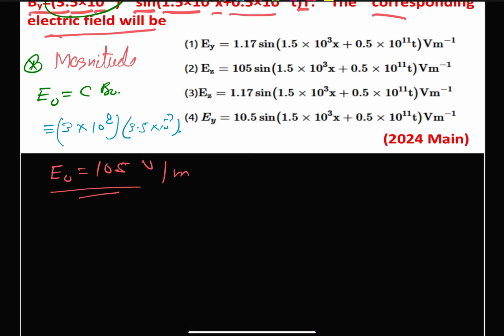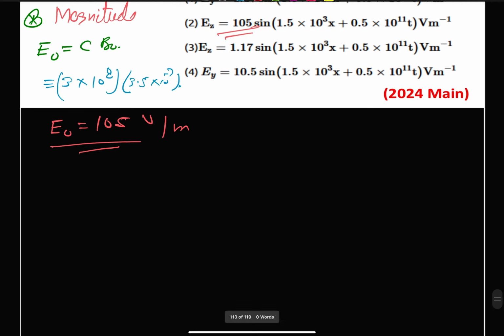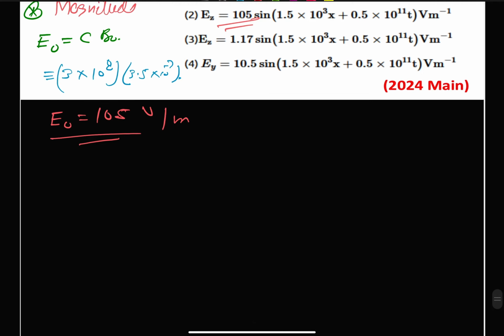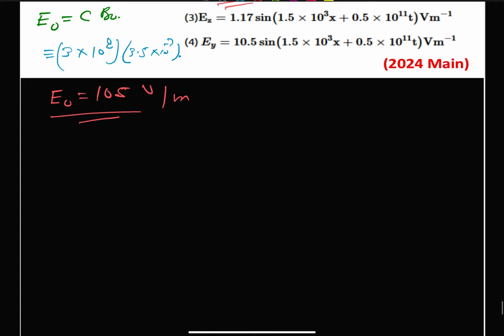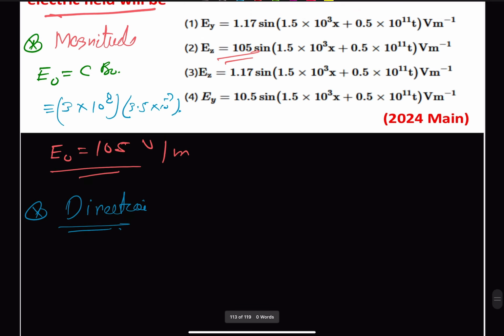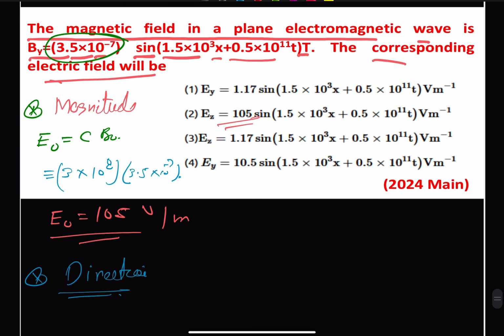From here also we can say that option 2 should be correct. But anyways, we can just find out the direction also.